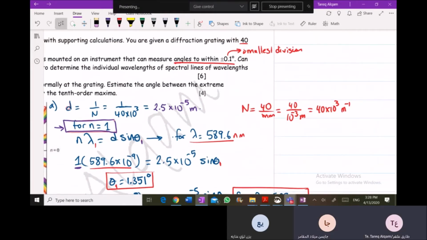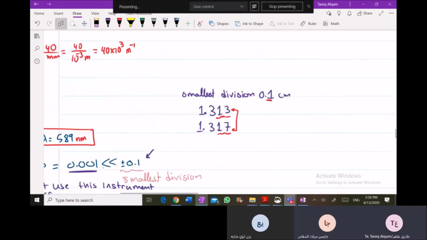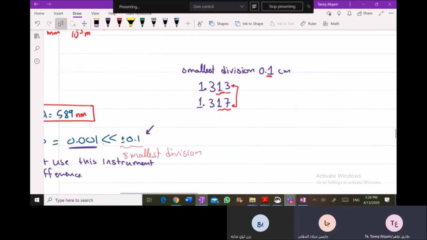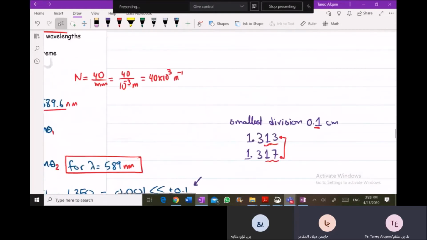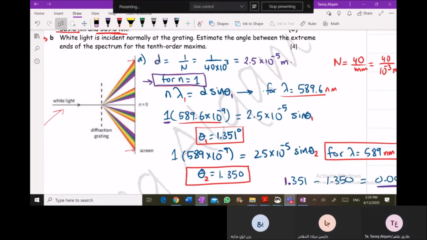But nanometers cannot be measured by micrometers. It has a specific way to measure.